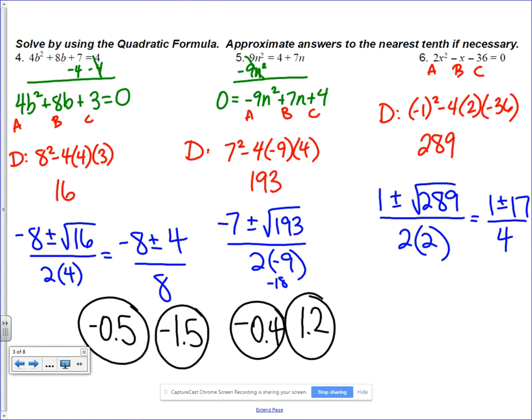All right, how are you going to find your first answer? What is 1 plus 17? Divided by 4. And then 1 minus 17 divided by 4.